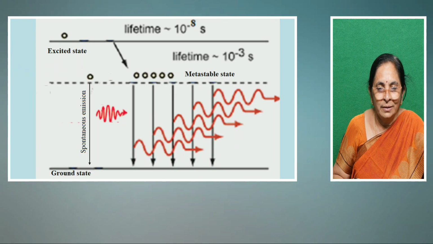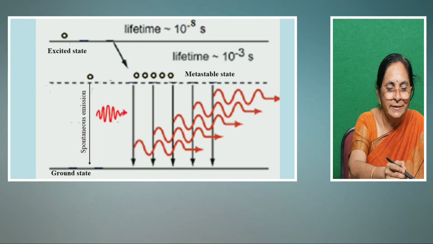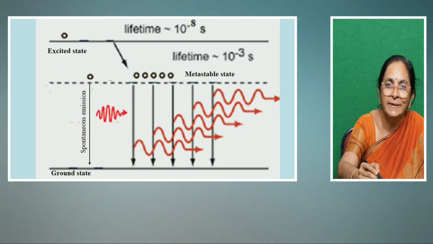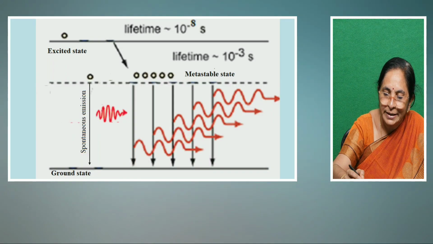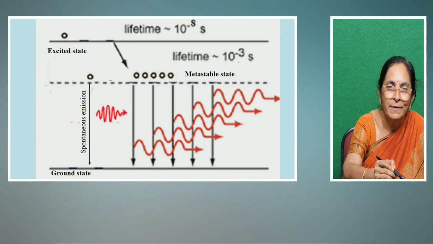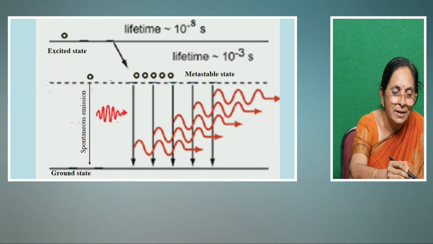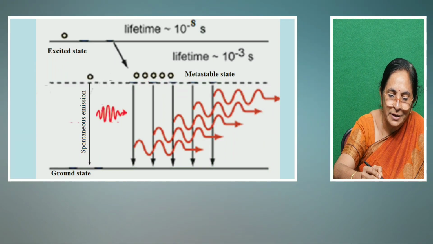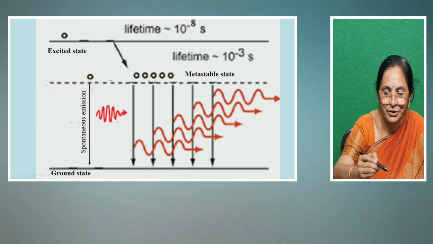Normal excited energy levels will have an atom lifetime of 10 power minus 8 seconds. In metastable states, the lifetime becomes 10 power minus 3 seconds. So initially, from the excited state, these excited atoms return to the metastable state by spontaneous emission.